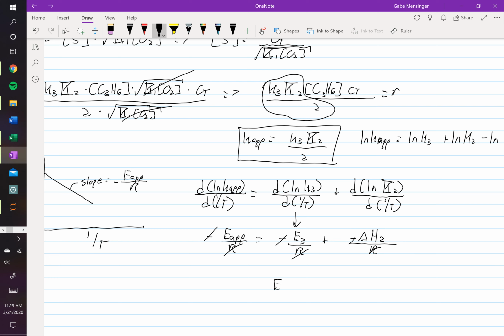So we have E apparent is equal to E3 plus delta H2.